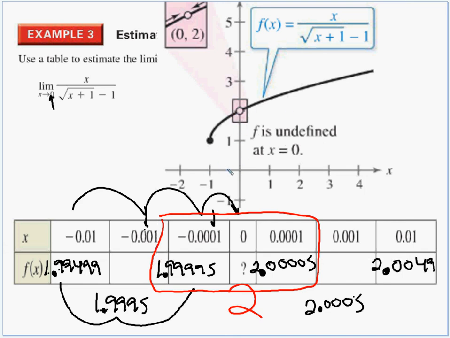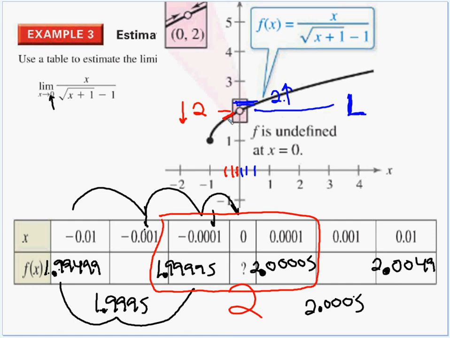But we put some numbers from the left side in here, negative 0.01, 0.001, negative 0.0001, and we got some numbers just underneath 2. When we come in from above, from a few positive numbers, 0.01, 0.001, 0.0001, we got a few numbers that were above 2. So to the left, we were under 2. To the right, we were above 2. So that means what's going on right at that hole, that limit is equal to 2.